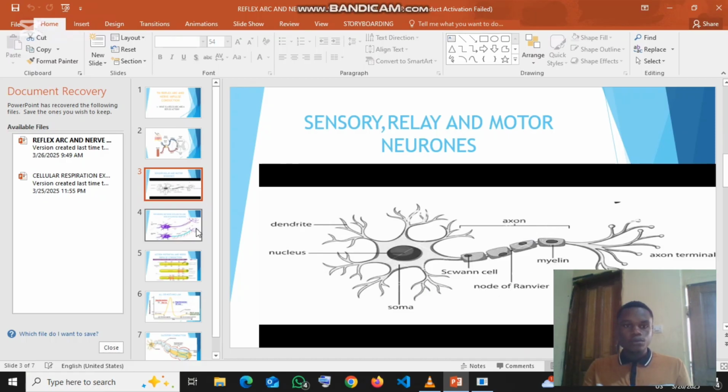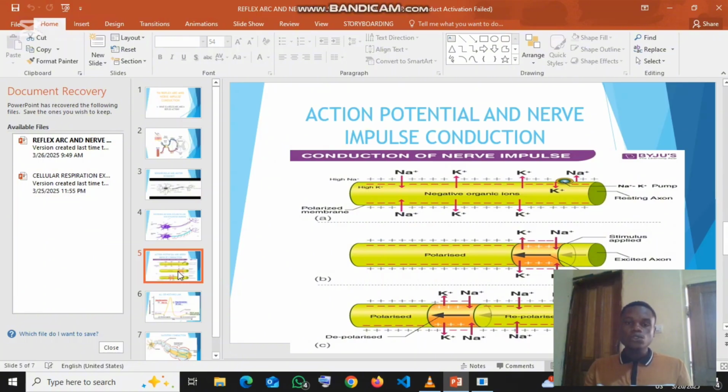First, when the stimulus acts on the dendrite of the sensory neuron, there's something known as the all or nothing law. Since the membrane potential is negative 70 millivolt, if the membrane potential doesn't rise to negative 55 millivolt, there will be no action potential conduction or no nerve impulse conduction.